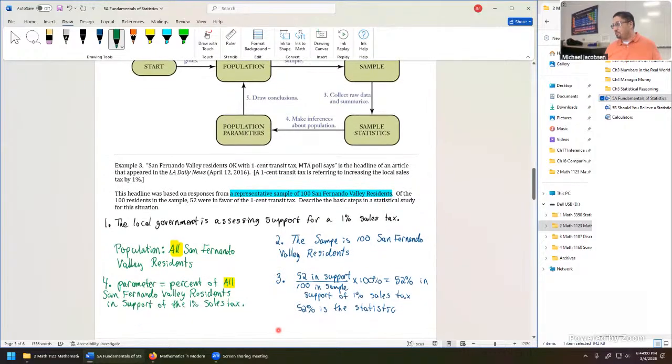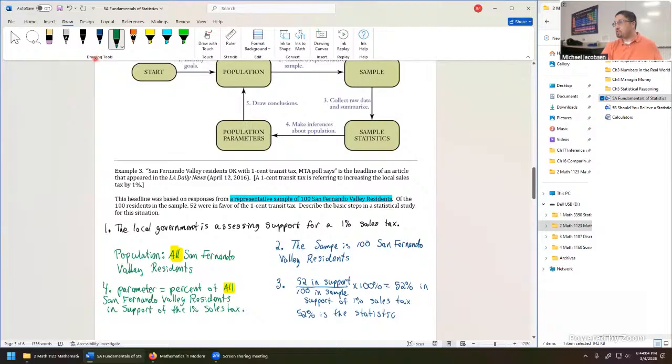Just trying to get a little bit more space. There we go. So we'll say here, the parameter is approximately equal to 52%. And that finally takes us to step 5. We draw a conclusion, and that's exactly what the article in LA Daily News did.